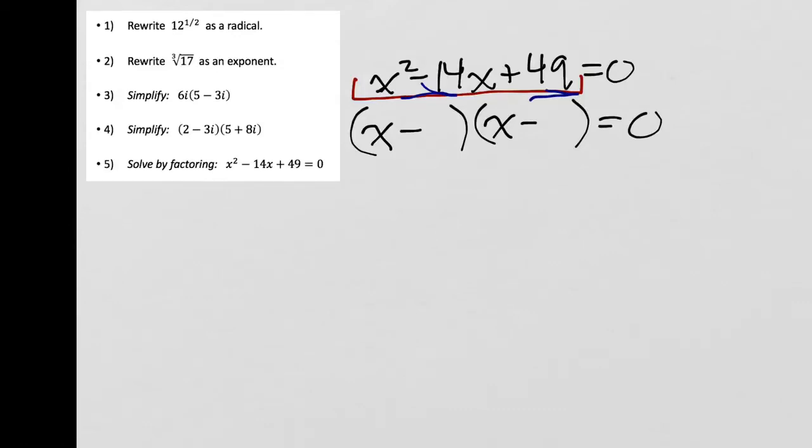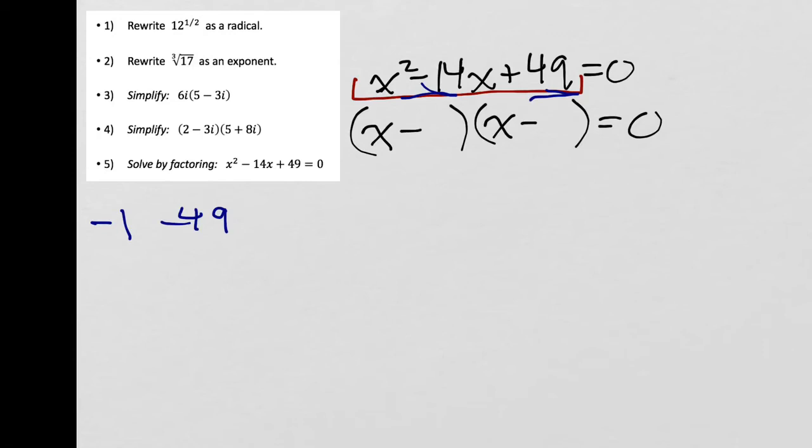So I've got 1 and 49. Remember they're both negatives, okay? So I need negative 1 times negative 49. Well, that doesn't add to give me negative 14, so that's not going to work. It's going to give me negative 50. It doesn't divide by 2. Let's see, what else?